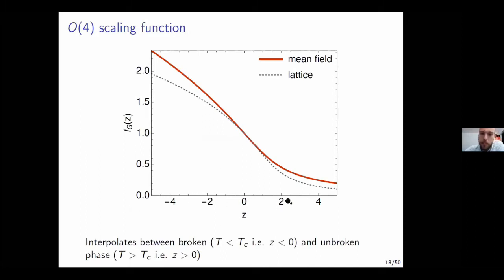And the way to understand this x-axis is just to remind you, it's taking you between the broken and unbroken phase. So on the left side, you have t is less than tc, and on the right side, you have t is larger than tc, and 0 is when the temperature is exactly at the critical temperature.